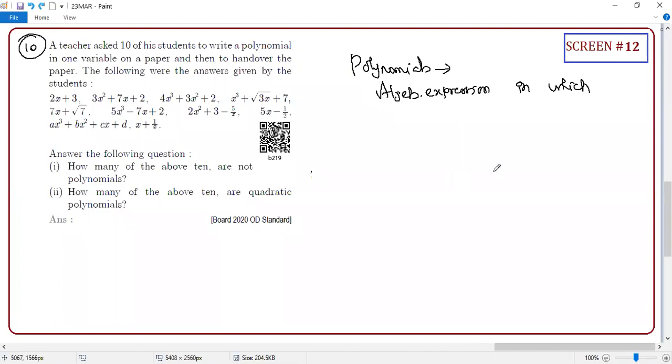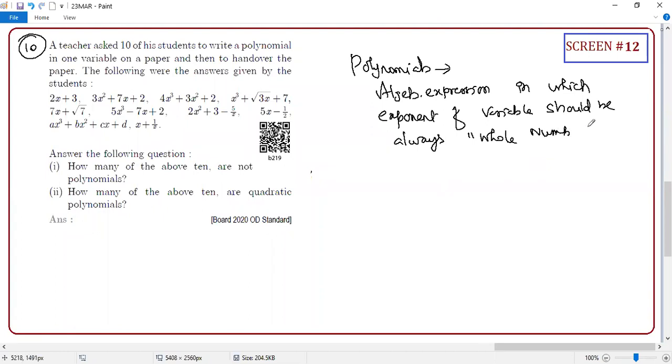Polynomial is an algebraic expression in which the exponent of the variable should always be non-negative. Always non-negative means it's a whole number, student. Whole number means what? It should be 0, 1, 2, 3 like that, right?